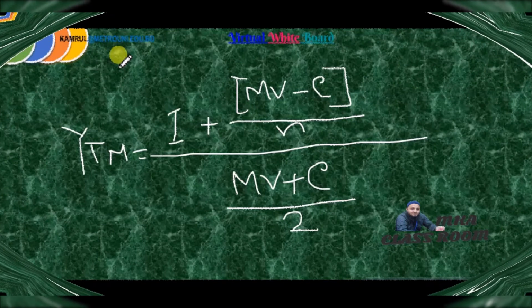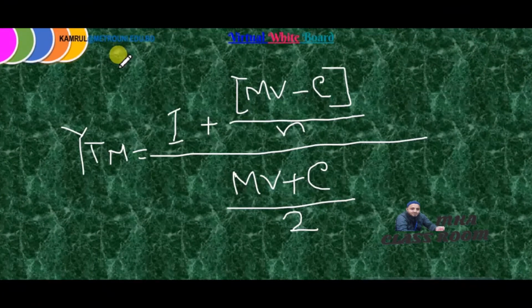So here we will see the formula of YTM, yield to maturity, equal to I, which means the annual interest of the bond or annual coupon payment of the bond, plus MV, the maturity value of the bond, minus C, where C means the current price of the bond, divided by N, where N means the number of periods to maturity, or number of years to maturity of the bond.